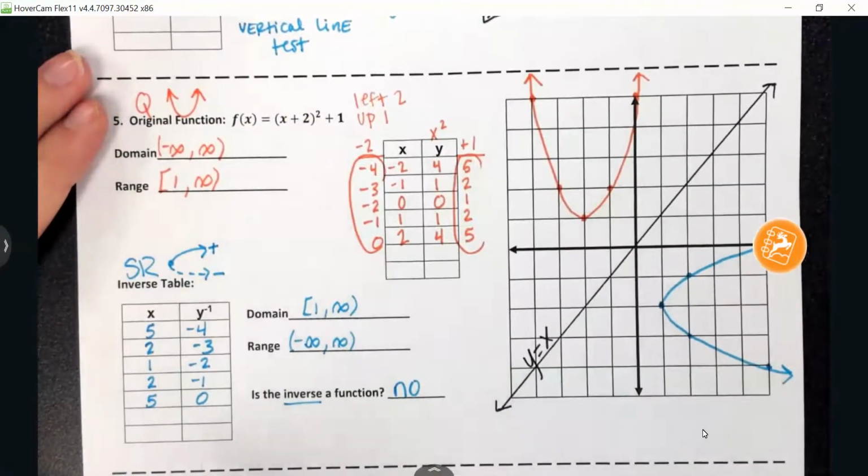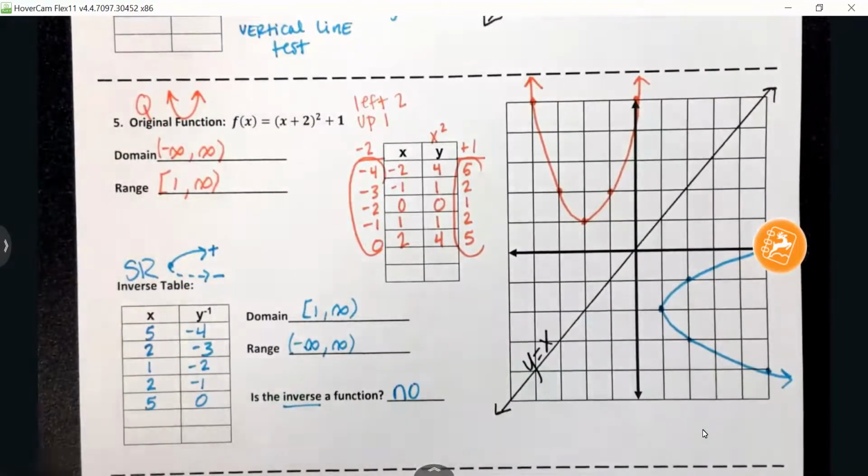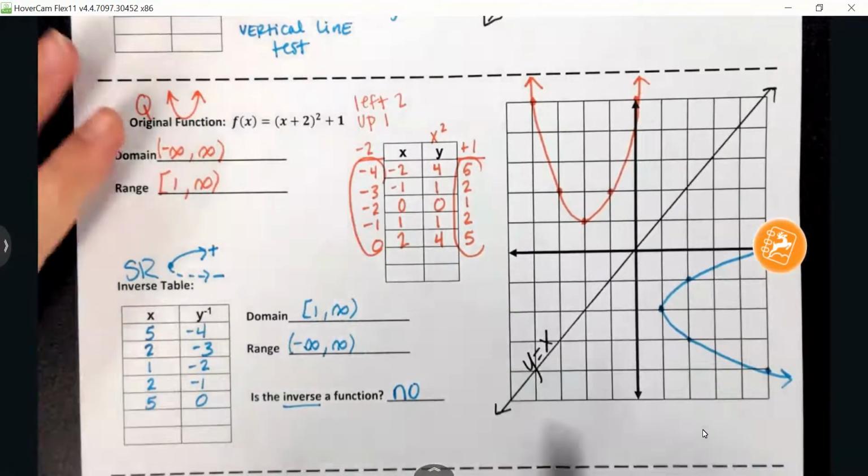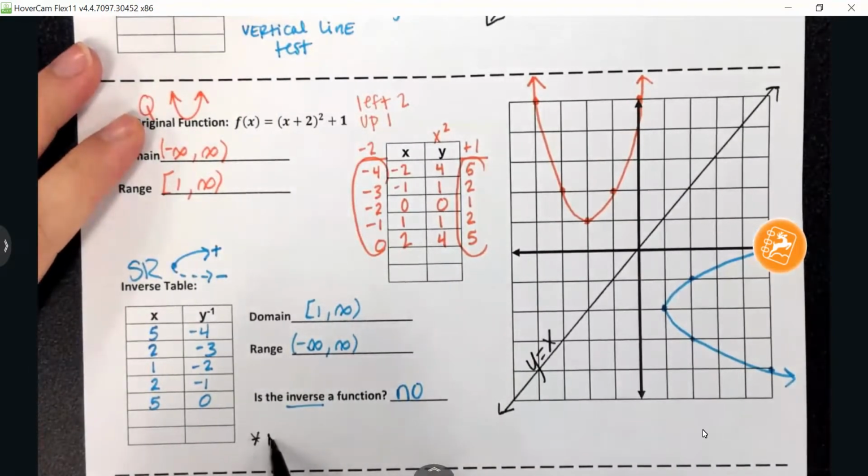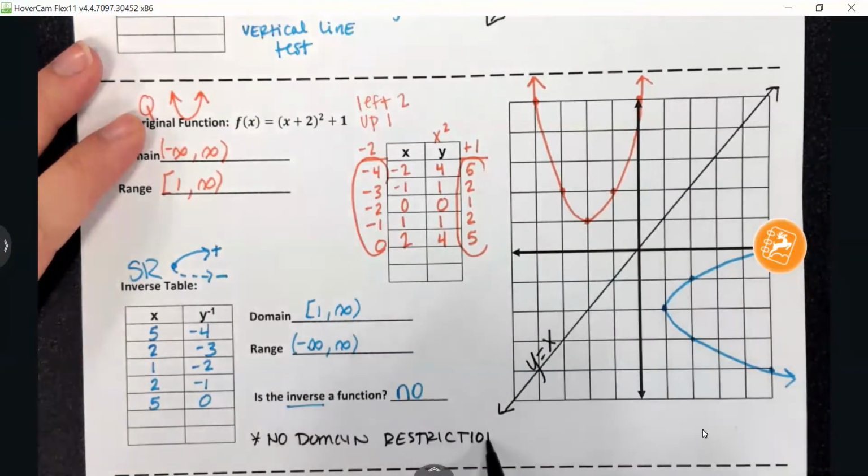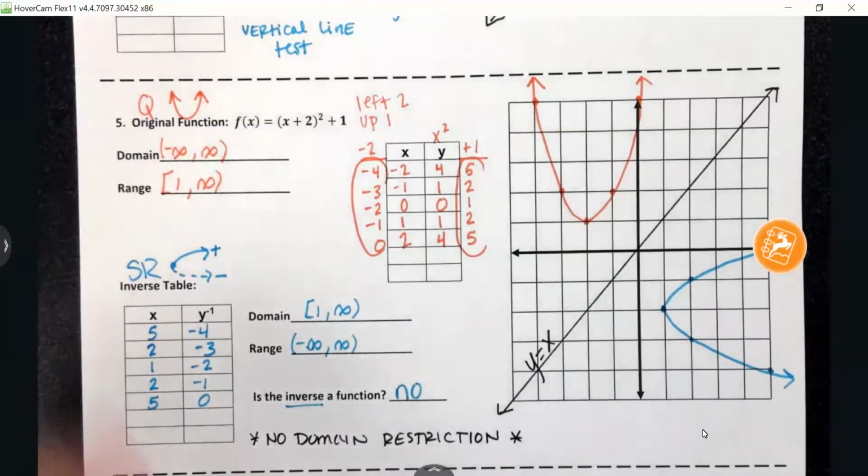Did this graph need any type of restriction? Did I have to stop you from graphing something? So make sure you know that. This had no domain restriction.